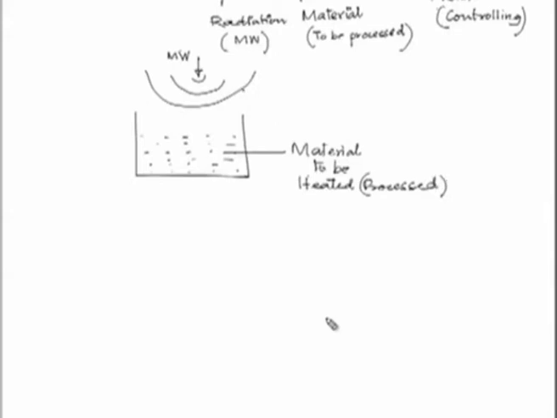Microwaves are falling on this material as well as on that material. That means both the materials are exposed to microwaves. But the significant thing is that it depends on the properties of these two materials. This is one material, say M1, and this is another material, M2. The properties of M1 are not equal to the properties of M2.